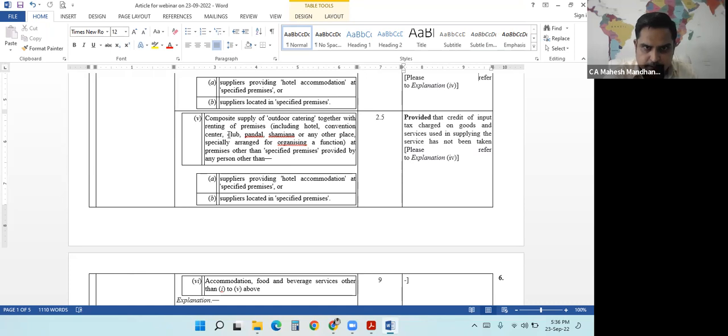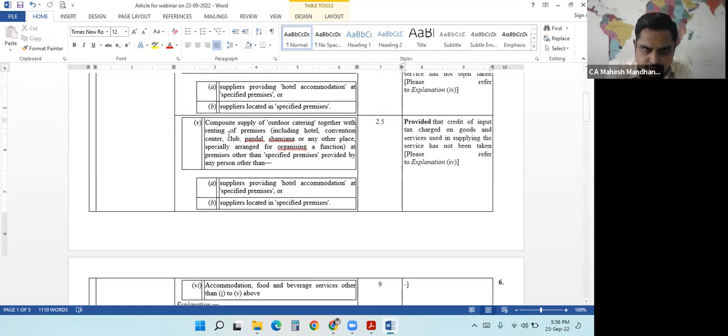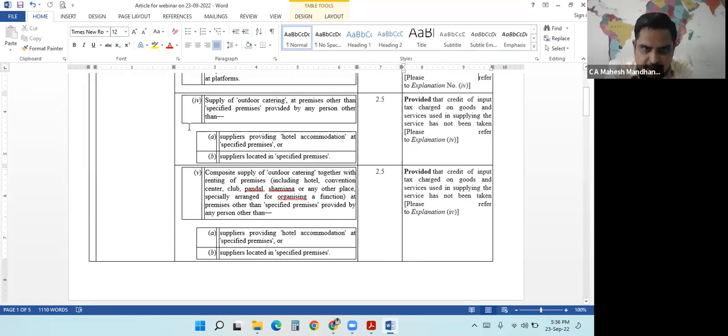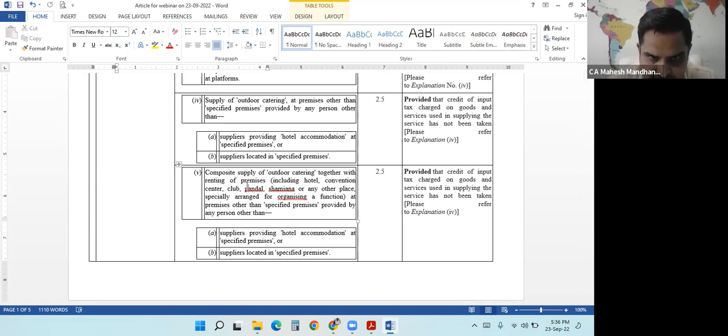That example will also be covered by this clause 5, composite supply of outdoor catering plus renting of premises. In that case, that service will also be liable at the rate of 2.5%.